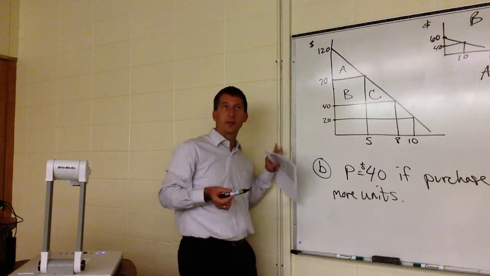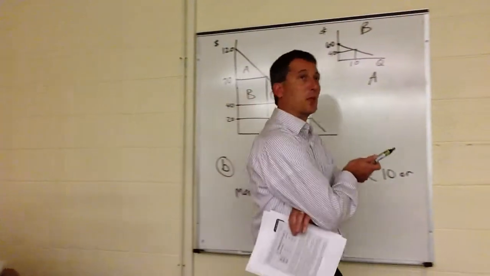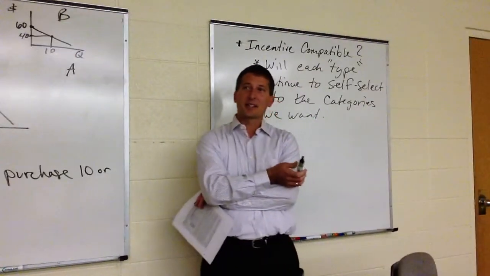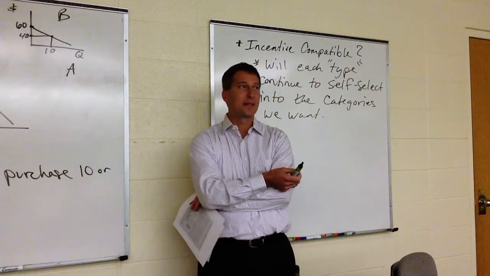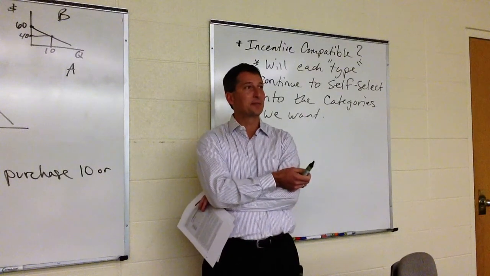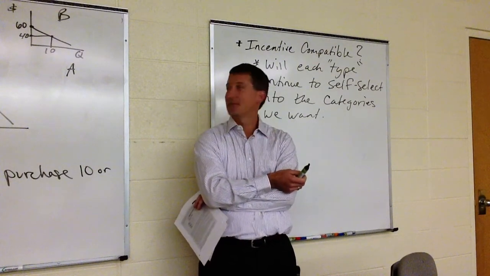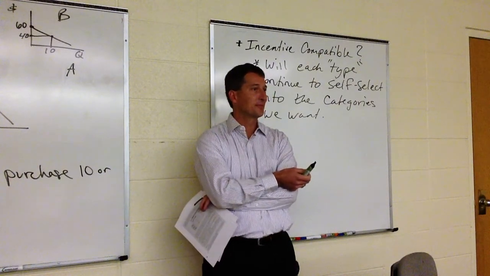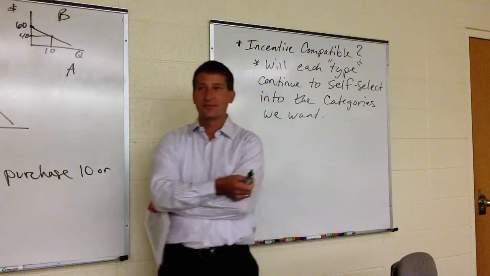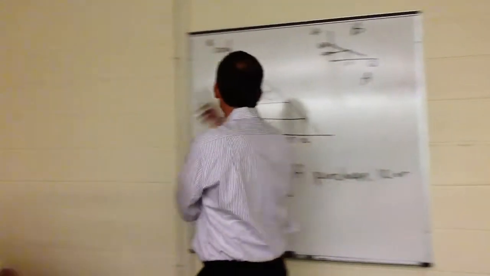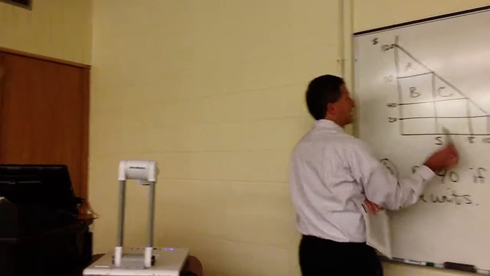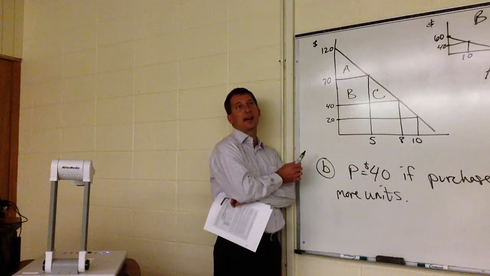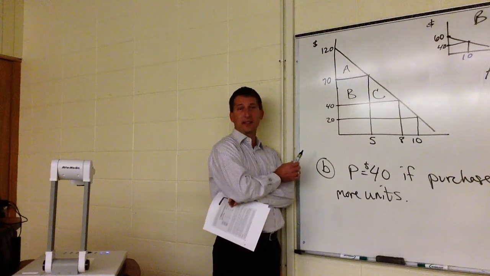Consumer surplus is the dollar value, the difference between what a consumer is willing to pay and what they actually pay for each unit that they consume. A, B, and C would be if they're consuming 8, but they have to buy 10. They're forced to buy 10 to get the deal.